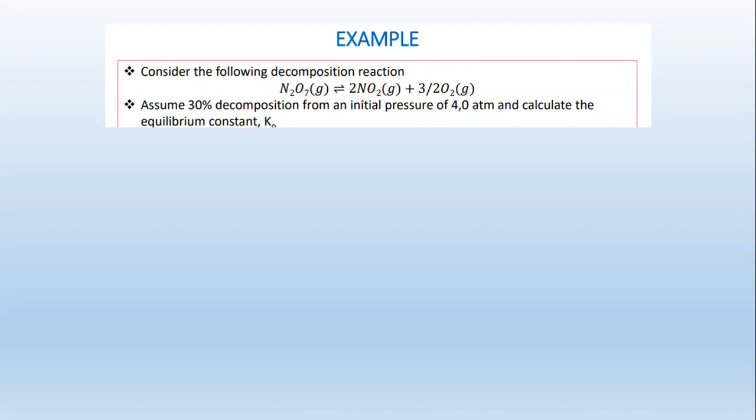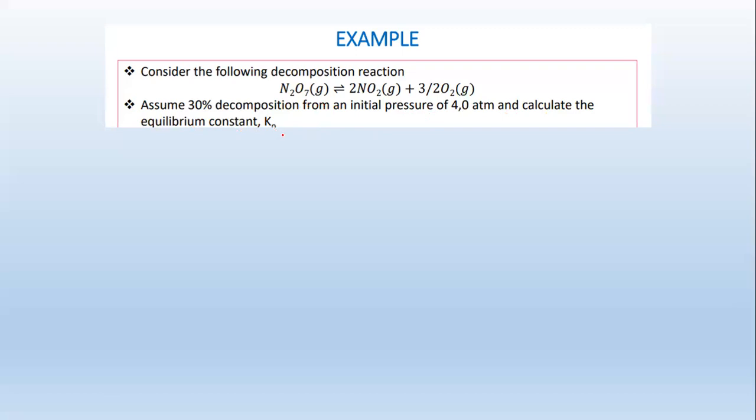Even if they say to you calculate the equilibrium constant, you need to understand that what is provided in the scenario, wherever we are provided with the pressure, that means our equilibrium constant we're going to calculate using the Kp expression in terms of pressure. But if we were only provided with the concentrations or the number of moles, we can determine our equilibrium constant using Kc. Okay, that's the first thing.